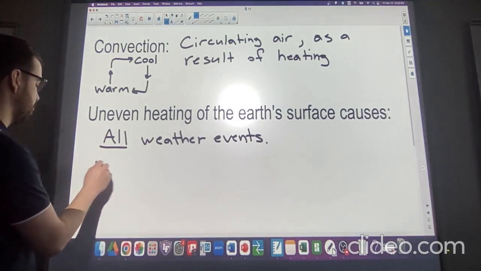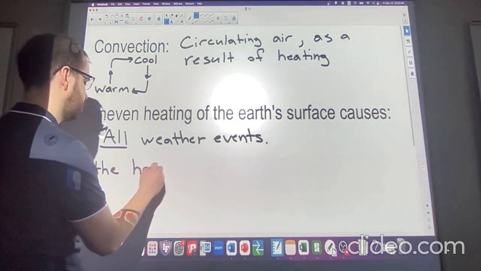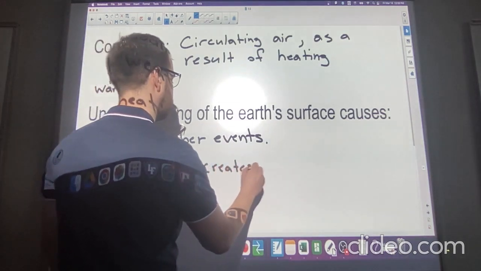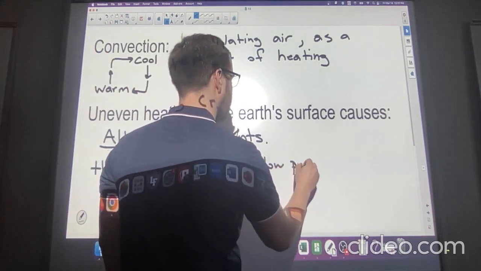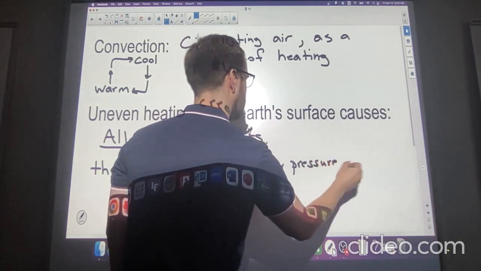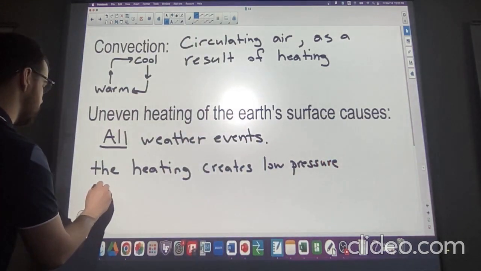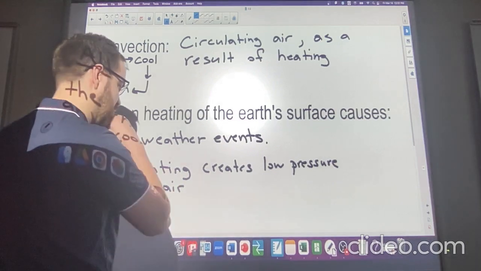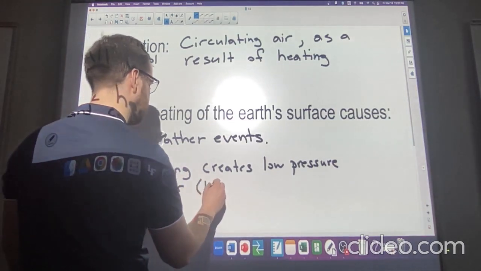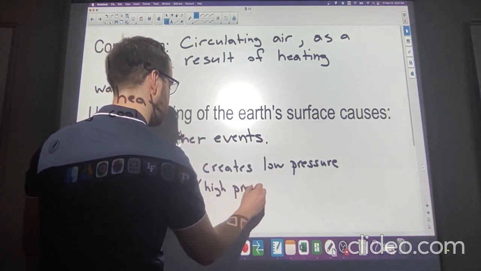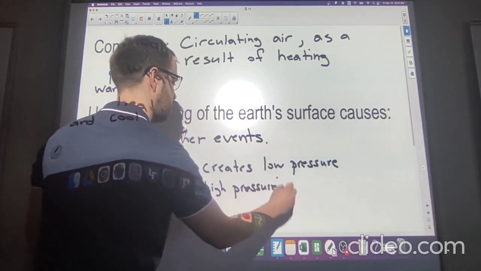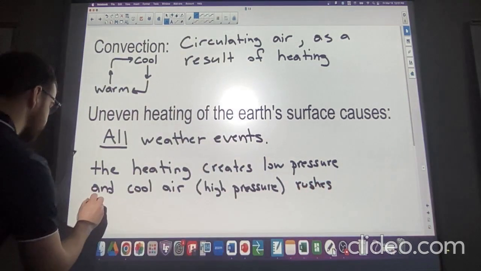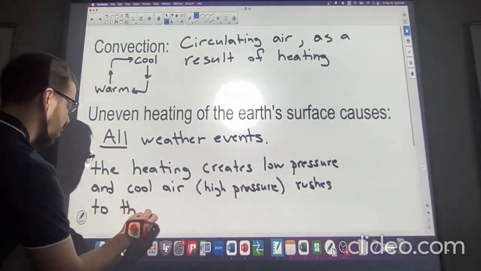Let's say it like this: the heating creates low pressure pockets, and cool air, which is high pressure, rushes to the low pressure.